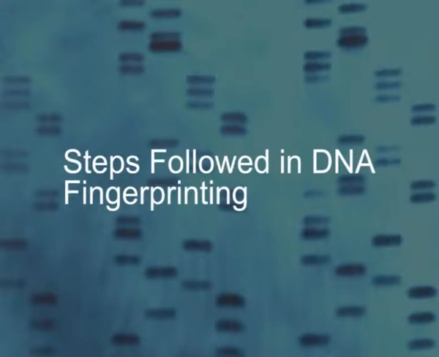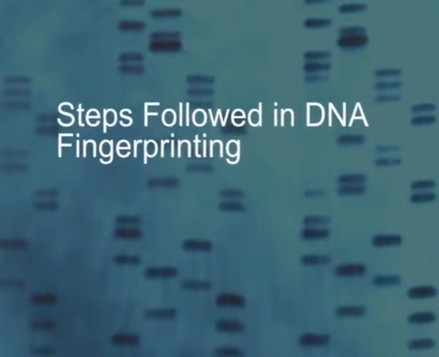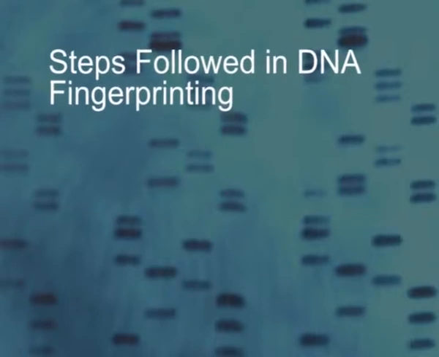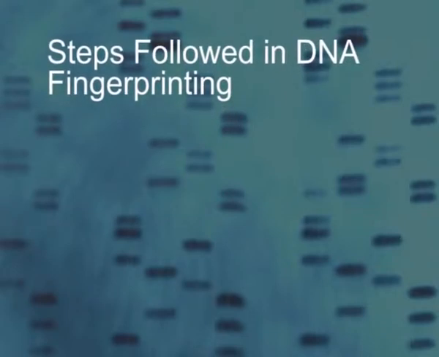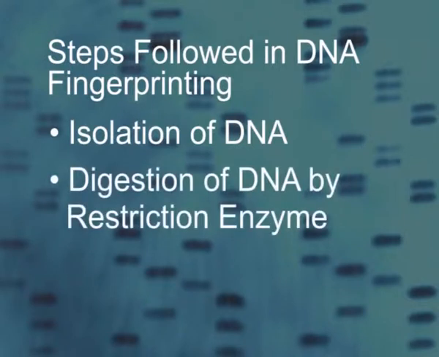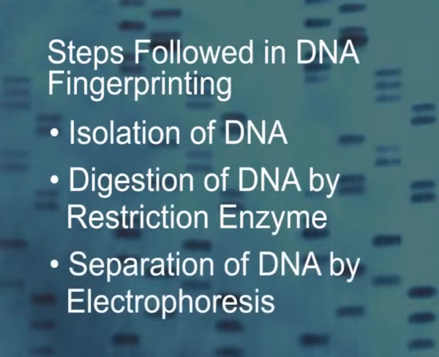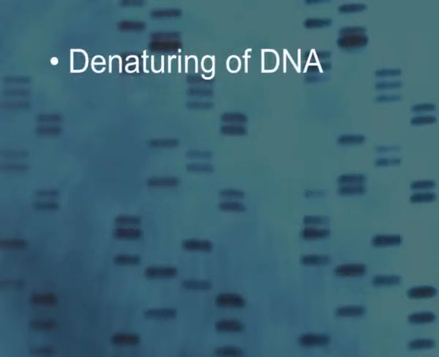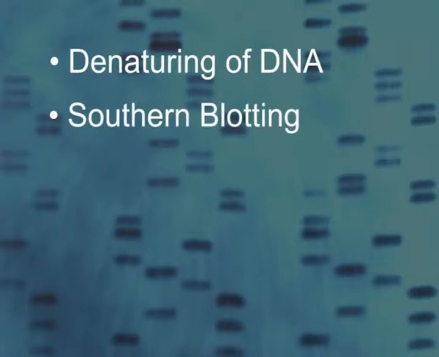Steps followed in DNA fingerprinting. There are various steps of DNA fingerprinting. These are as follows: isolation of DNA, digestion of DNA by restriction enzyme, separation of DNA by electrophoresis, denaturing of DNA, Southern blotting.